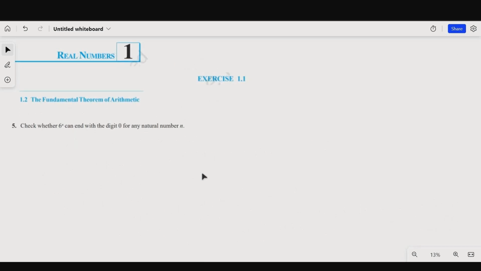Question number 5. Check whether 6 to the power n can end with the digit 0 for any natural number n. A similar question we have encountered in our example number 1. So let's do this.